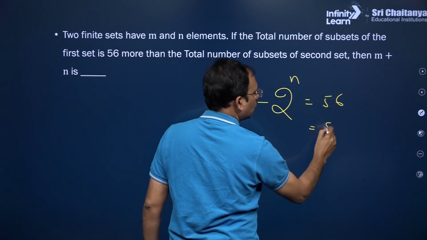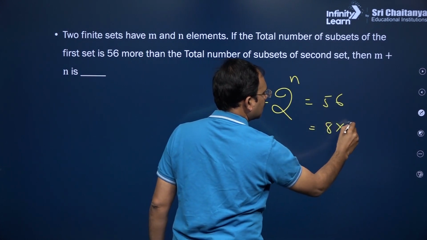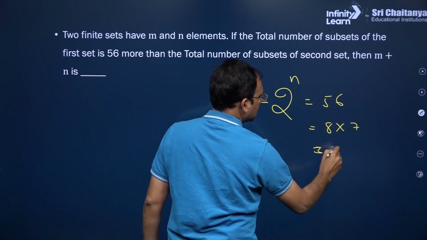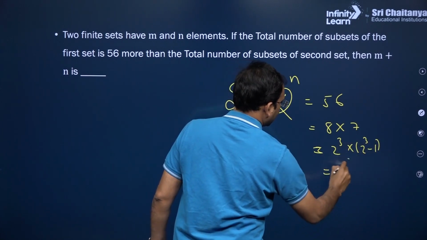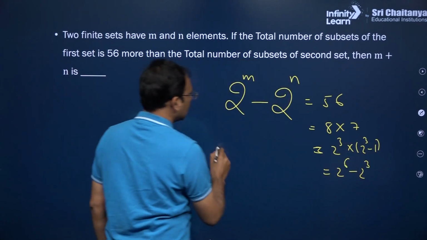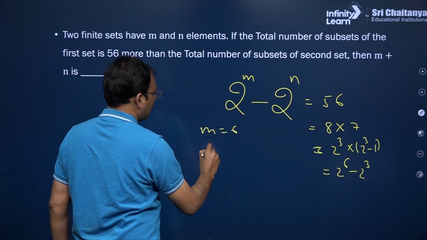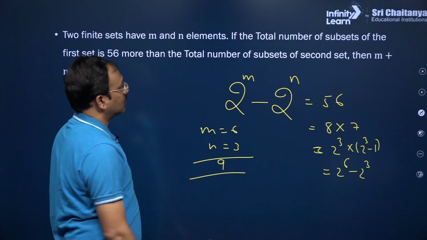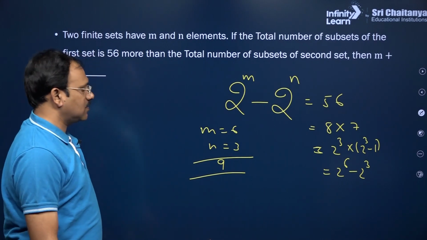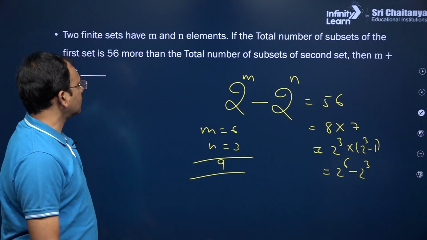The highest power of 2 you can take common here: 8 into 7, this is 2 cube into (2 cube minus 1), which is 2 power 6 minus 2 cube. So m must be 6, n must be 3, so m plus n is going to be 9, my dear friends. He said m plus n is 9, that's all.